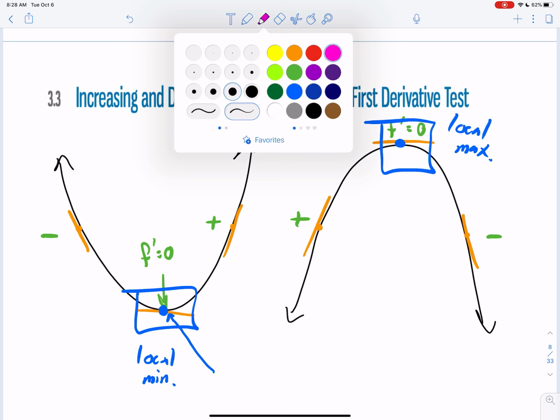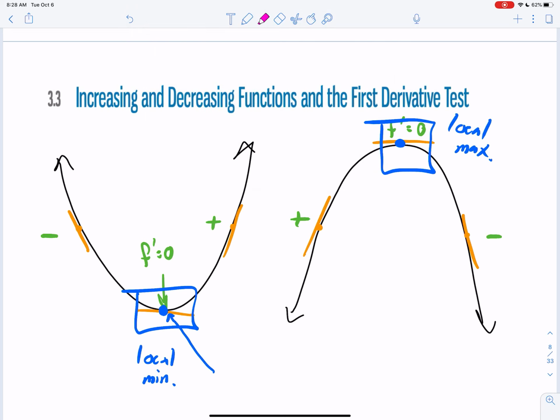So notice how a local minimum transitions from a negative derivative to a positive derivative, or when the function changes from decreasing to increasing. Okay, a local max is where the derivative changes from positive to negative, or similarly when the function is changing from increasing to decreasing.